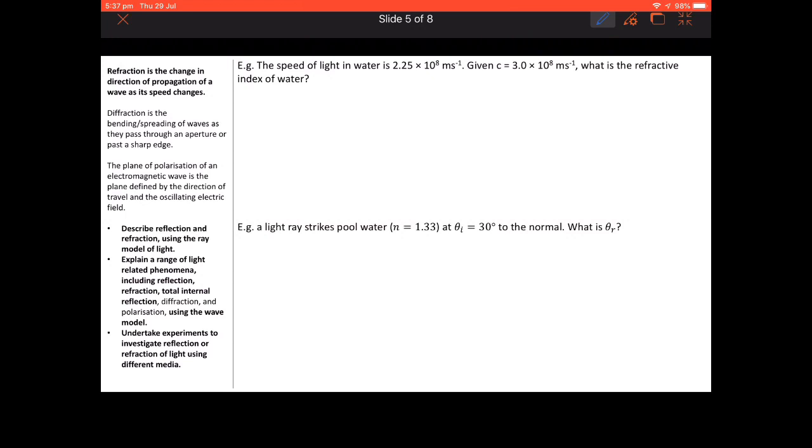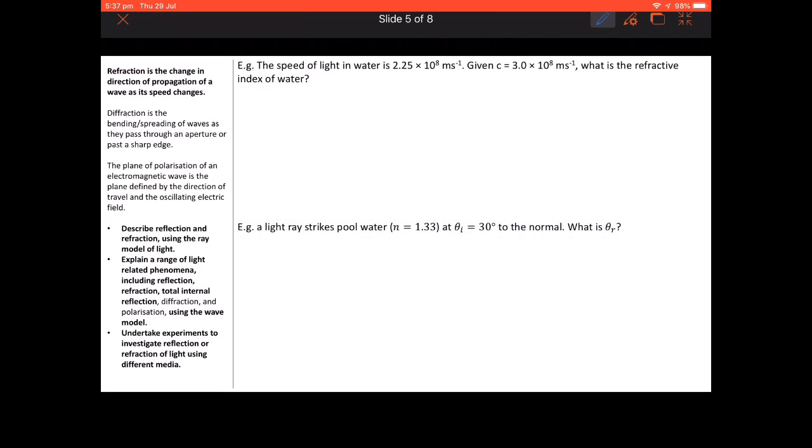So for example, the speed of light in water is 2.25 by 10 to the 8 meters per second, given that the speed of light in a vacuum, so C, is equal to 3.0 by 10 to the 8 meters per second. What is the refractive index of water?